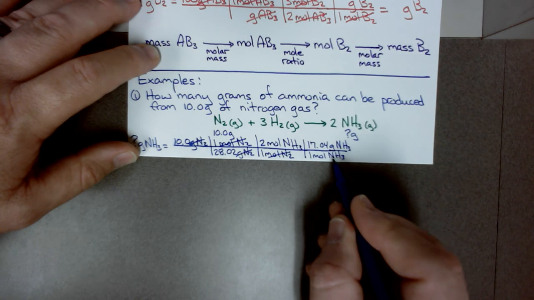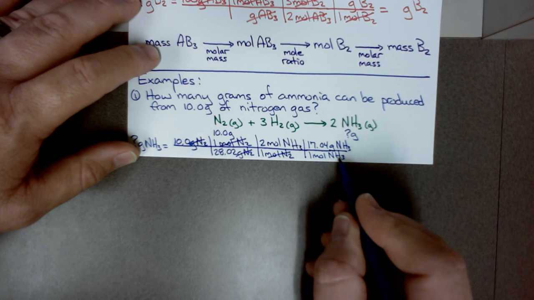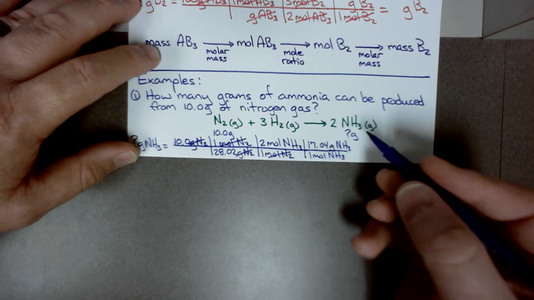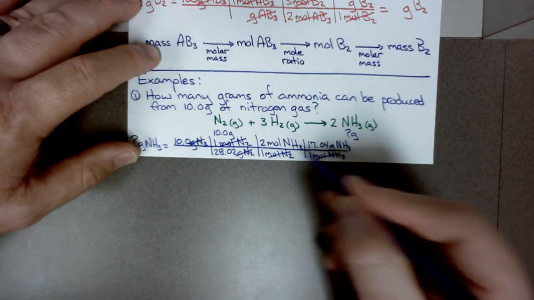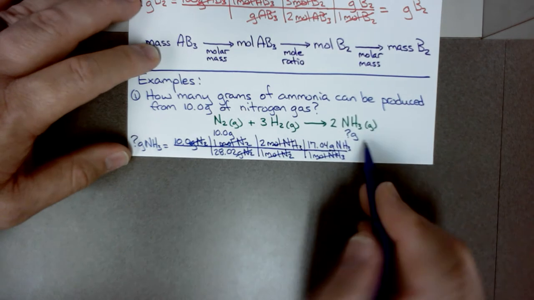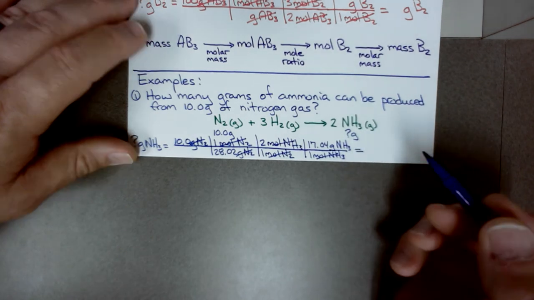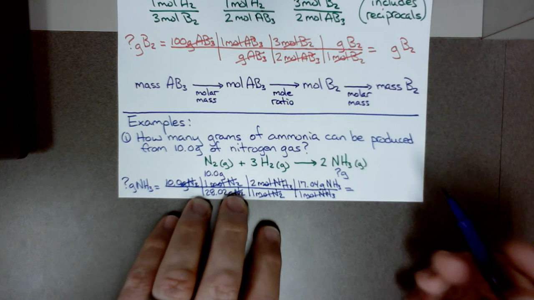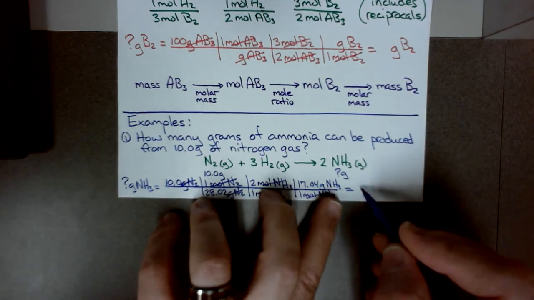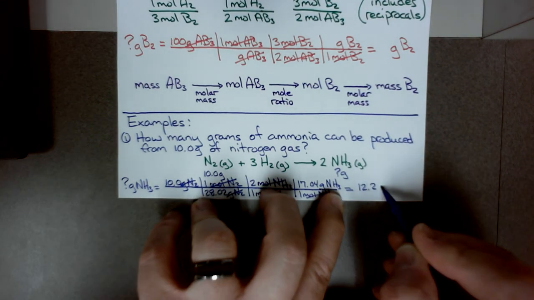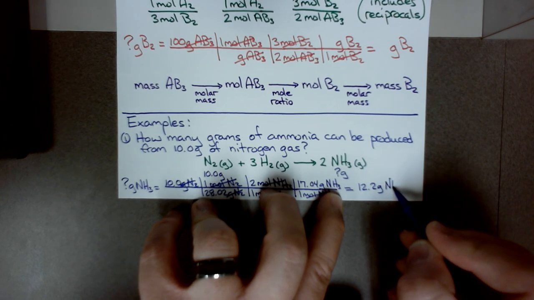So 14.01 plus 3.03 is 17.04 grams. That cancels. I'm looking for grams of ammonia. So in this problem, the answer should come out to be 12.2 grams of ammonia.